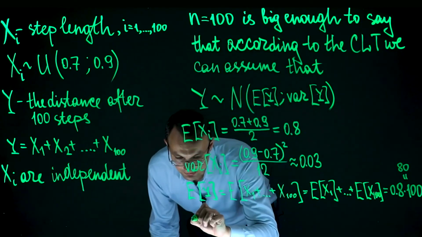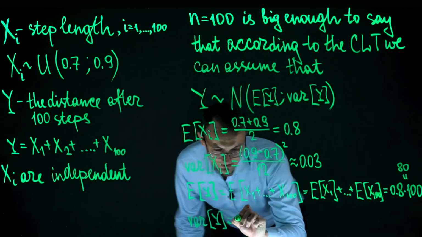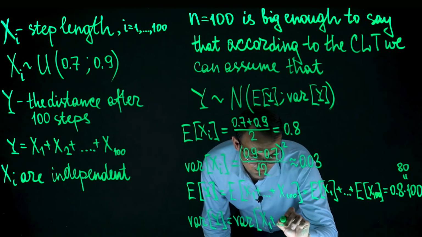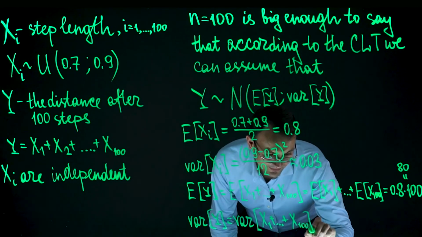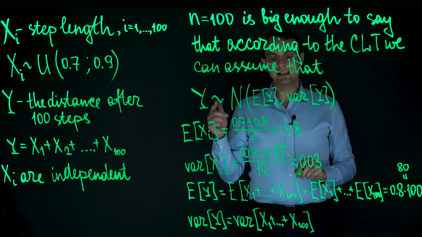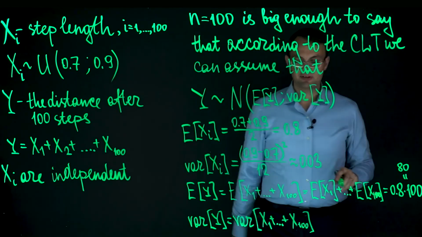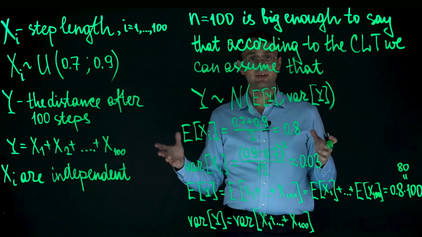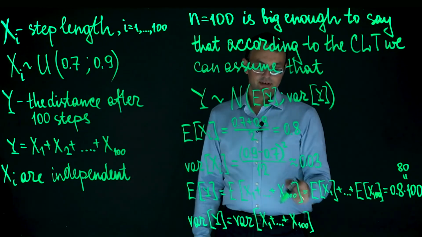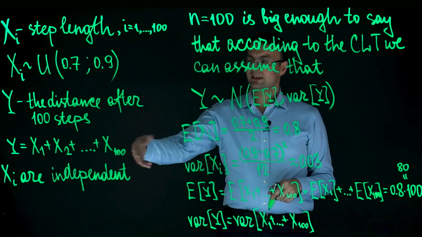The same is true for the variance. The variance of y is the variance of the sum of x's. As we know, the variance of a sum is not always equal to the sum of variances, but it is if these random variables are independent, uncorrelated. If covariance is 0, then the variance of a sum is equal to the sum of variances, and this is our case as the x's are independent.